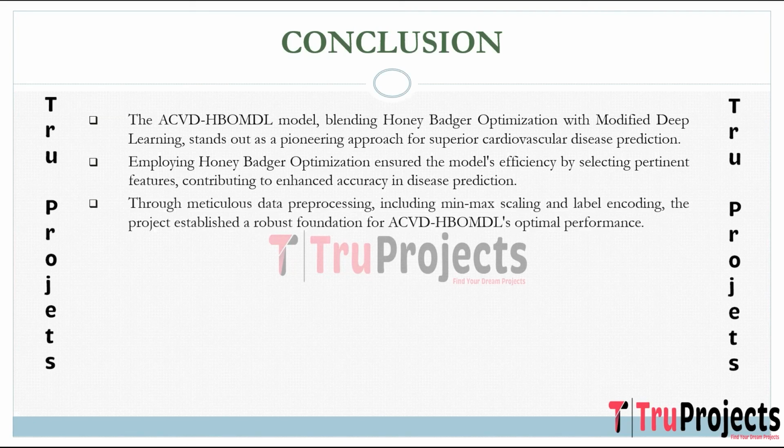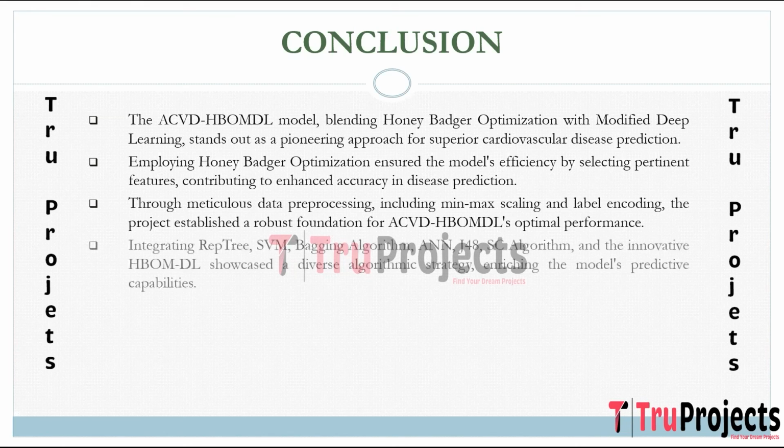Employing a combination of data pre-processing techniques including standard scaling and label encoding, the project ensured that the medical data was appropriately formatted for model training, enhancing the robustness of ACVD HBO MDL technique. The inclusion of a variety of machine learning and optimization algorithms such as RepTree, SVM, bagging algorithm, ANN, J48, SC algorithm, and innovative HBOM DL reflects a comprehensive approach leveraging diverse methodologies for accurate and reliable cardiovascular disease prediction.